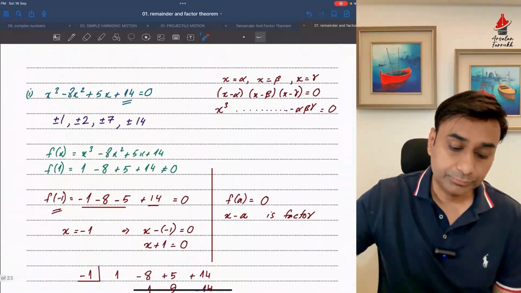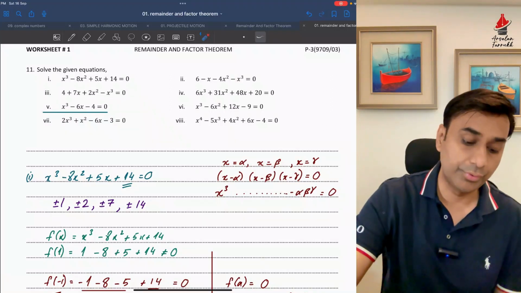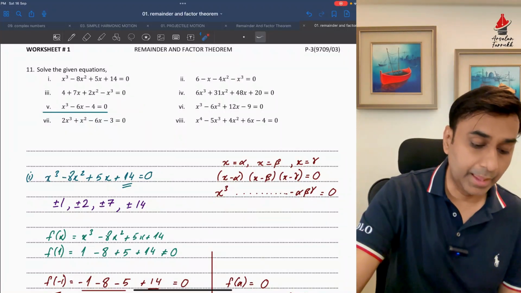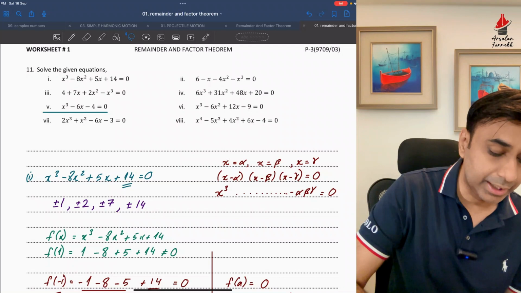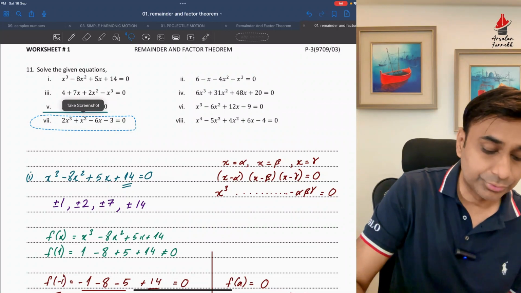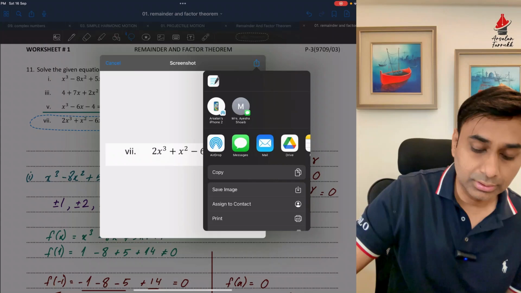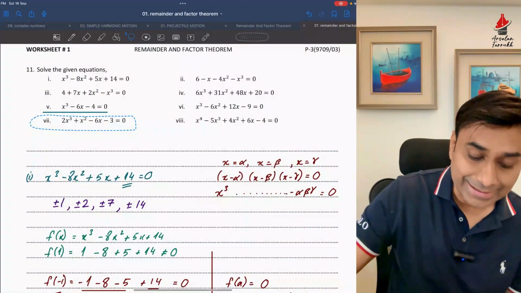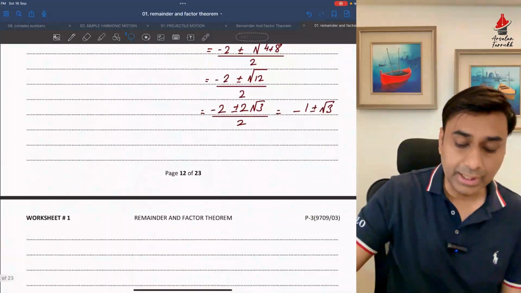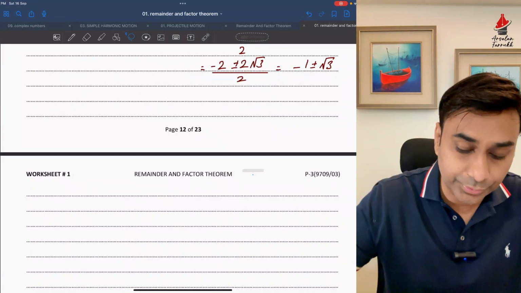Now, there is one more situation that I really want to talk about, and that is going to be explained through example 7. You have to identify that this is something that is very less likely to come in your exam, but it can come, and you should be prepared for this kind of situation.